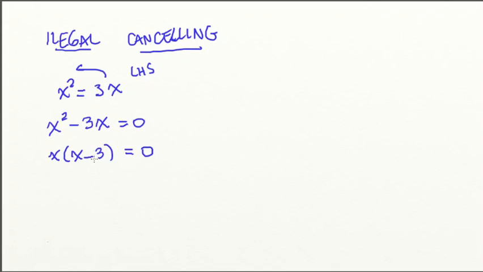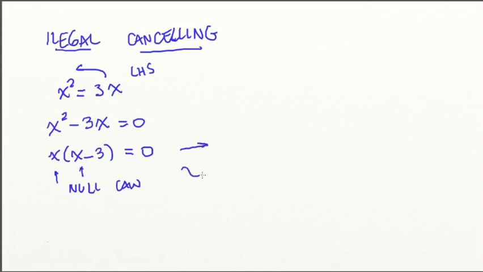Now when you reach this point, if we use our null factor law, there is a product of two things which is equal to 0. Therefore, one of them will have to be 0, either one of them.